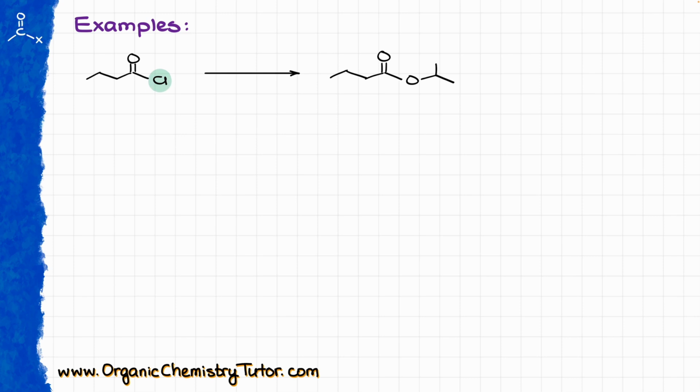The chlorine atom over here is going to be my leaving group, and the oxygen-containing moiety that I have over here is going to be my nucleophile, which means that I can either use an alcohol, which is going to be an example of a neutral nucleophile, or I can use the corresponding alkoxide, which is going to be an example of a negative nucleophile. Doesn't matter which I choose in this case, the product is still going to be the same. The only difference is going to be an extra step in the mechanism for the neutral nucleophile.